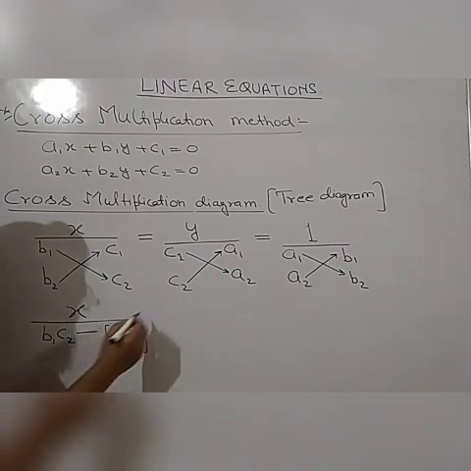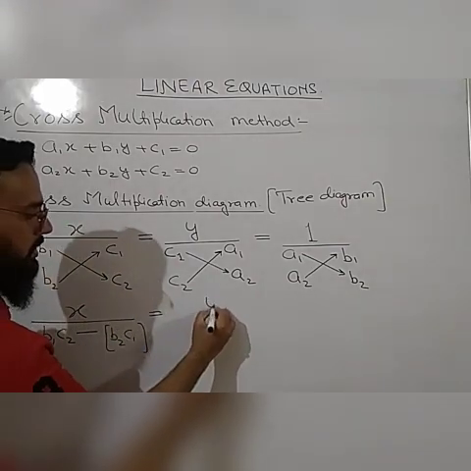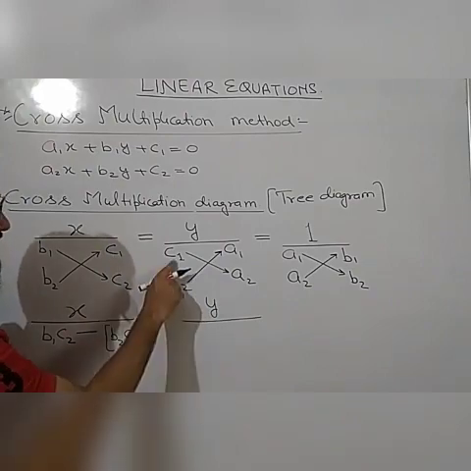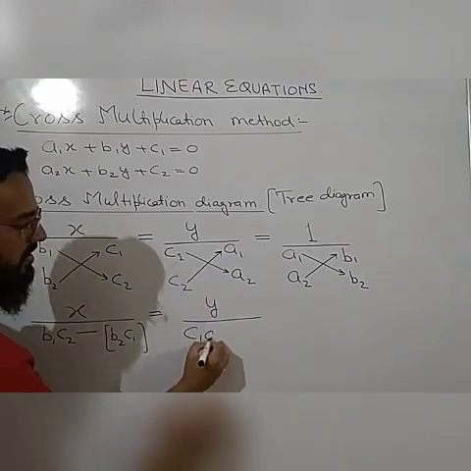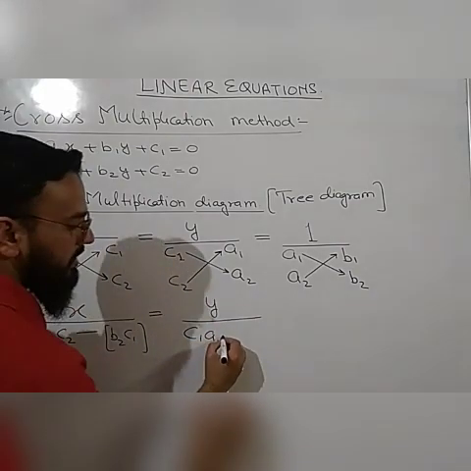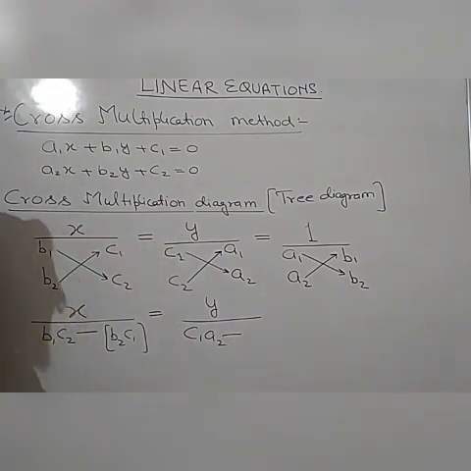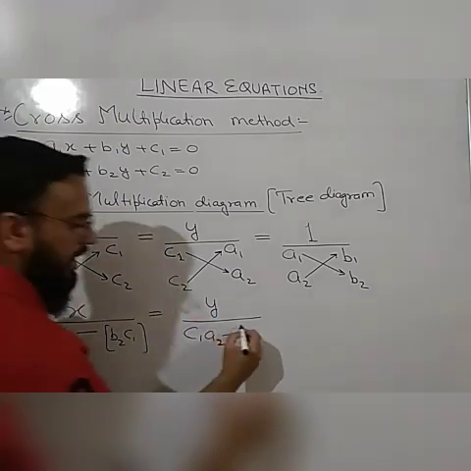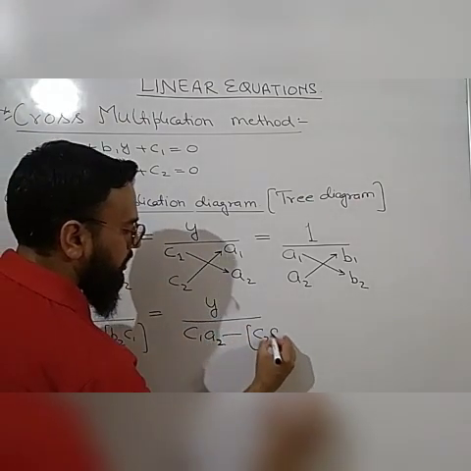Similarly, you can write the second term. It will be y upon c1 into a2. First multiply c1 with a2, you get c1 a2, then the minus sign. This minus sign is for the cross multiplication method. Then in the bracket you will use c2 into a1.